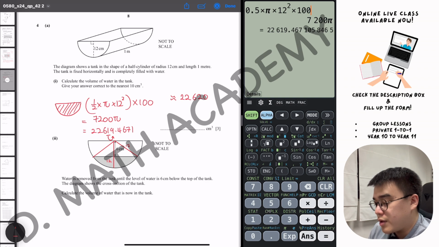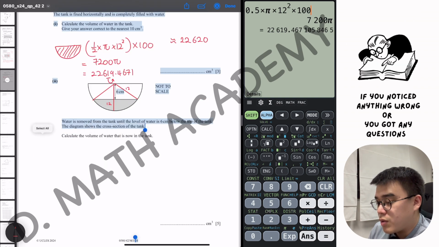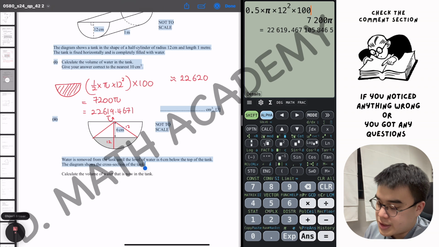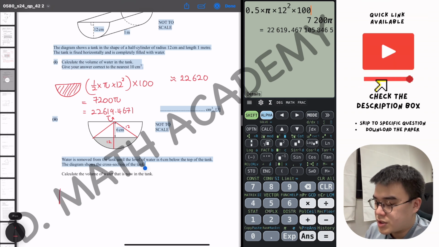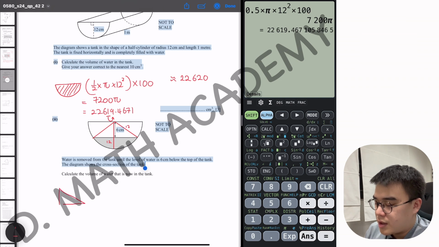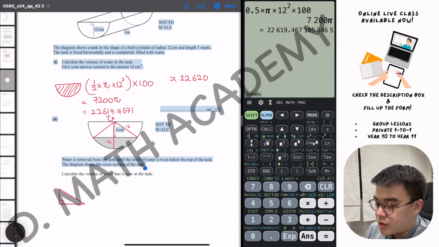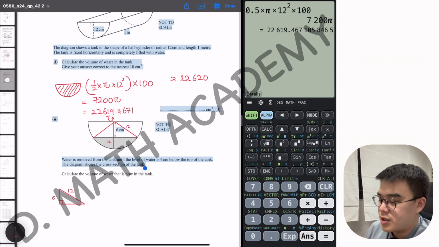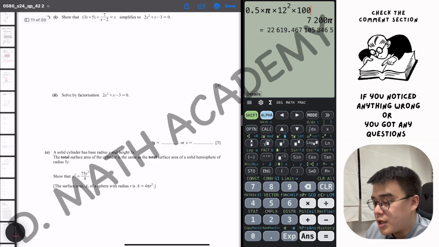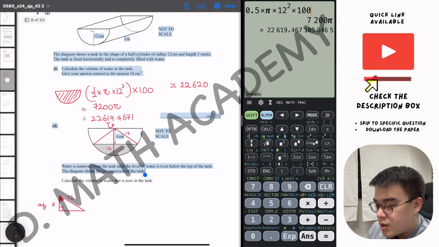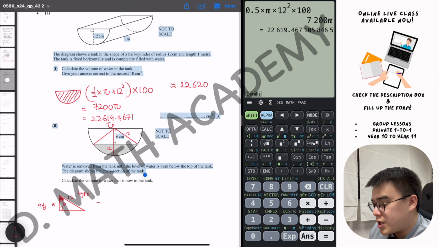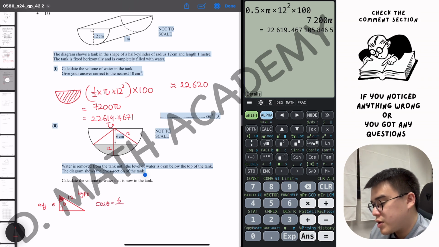This right here is a triangle where we have 6, 12, and the hypotenuse. I'm going to use this to find the angle first. This is an adjacent alongside the hypotenuse, so I'm going to put a theta here. Cosine theta equals 6 over 12.